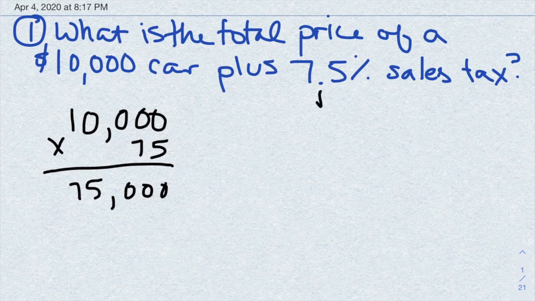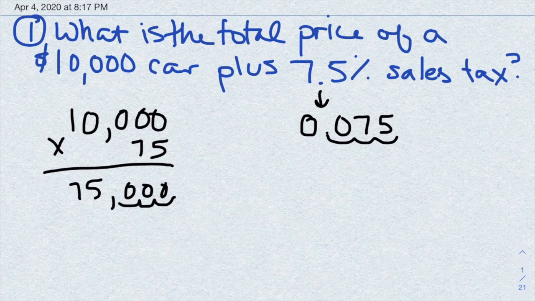However, my original 7.5%, I'm going to change into decimal form. There are 3 numbers behind my decimal, so I need to bring my decimal up 3 places. So the tax is $75.